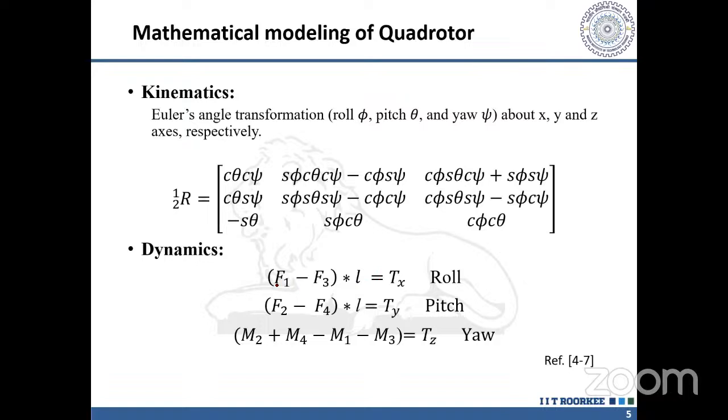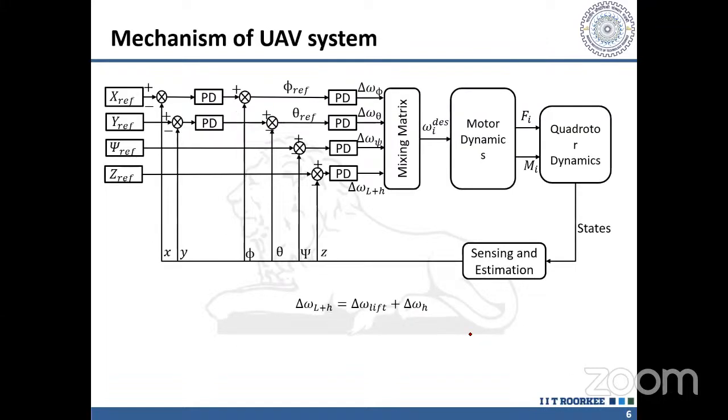Here F1, F3 are the thrust forces of the propellers 1 and 3, and L is the length of the arm, right? Similarly for the pitch and the yaw. So Tx, Ty, and Tz are the torques in roll, pitch, and yaw about the X, Y and Z directions. So this is the basic mechanism of any UAV system.